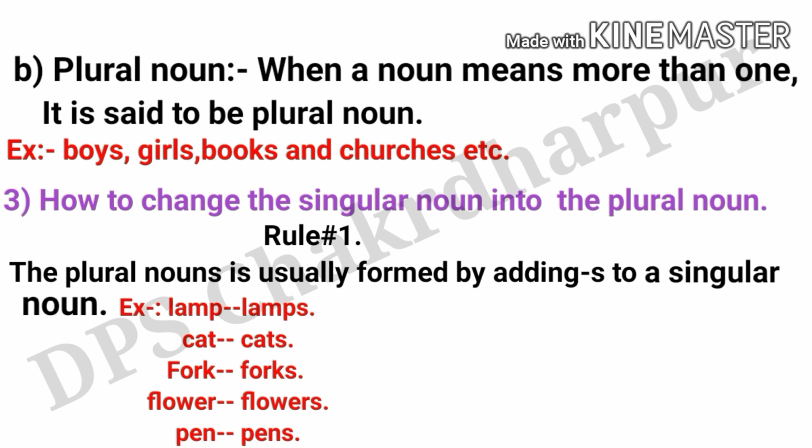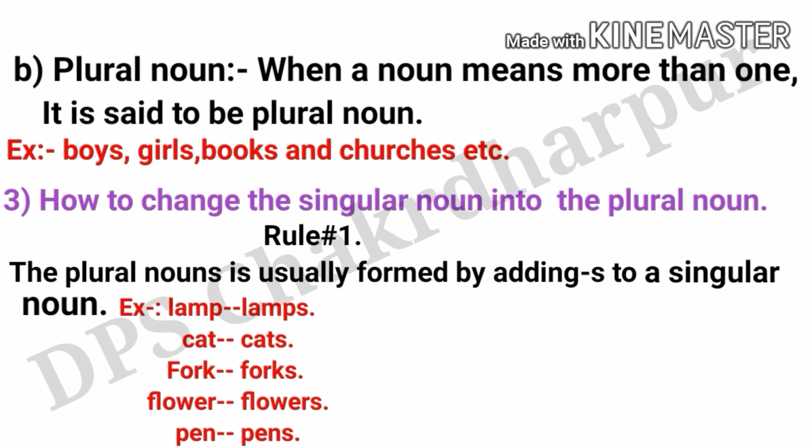Now we will learn the third one, how to change the singular noun into the plural noun. It's very important. There are some rules which can help you to change the singular noun into the plural noun. So here is your first rule. The plural noun is usually formed by adding s to a singular noun.